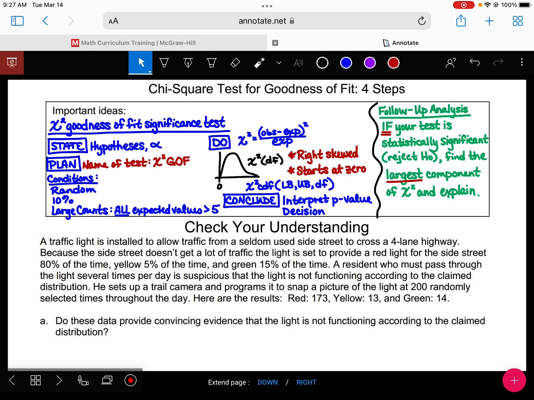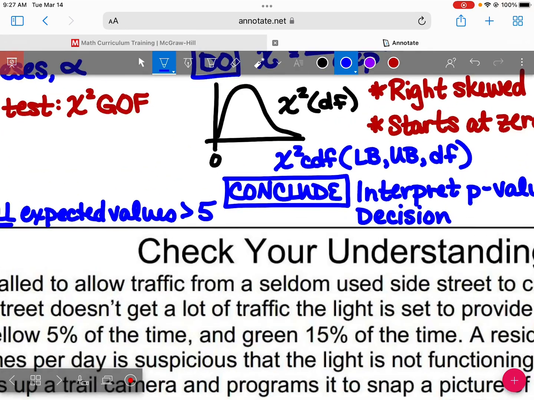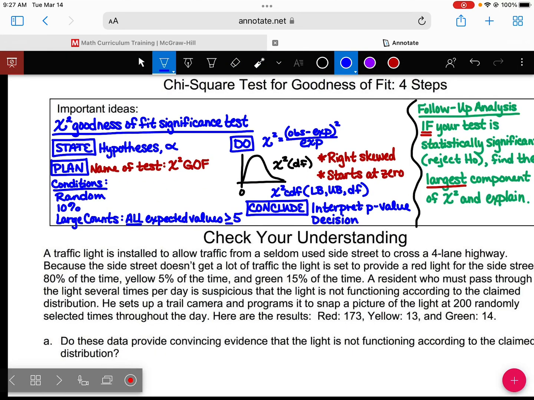Sorry, that actually has an or equal to underneath it. My apologies. I forgot the or equal to there. Greater than or equal to 5. In our do step, I forgot my summation here too. Good grief.